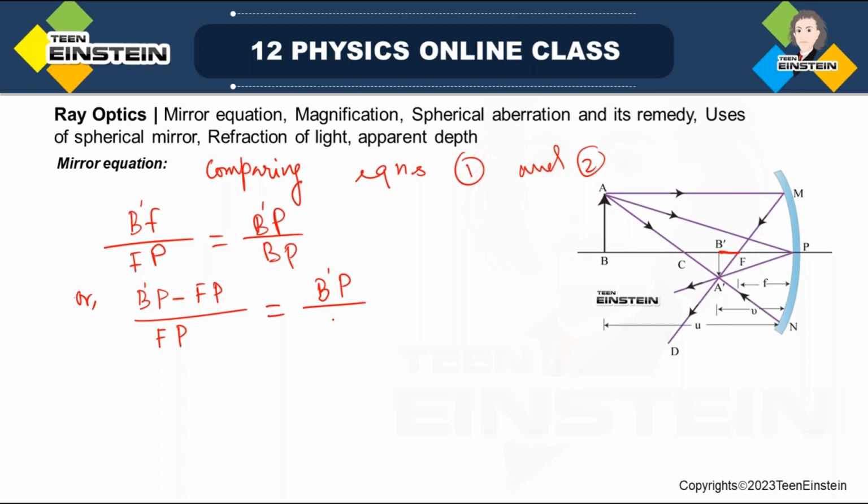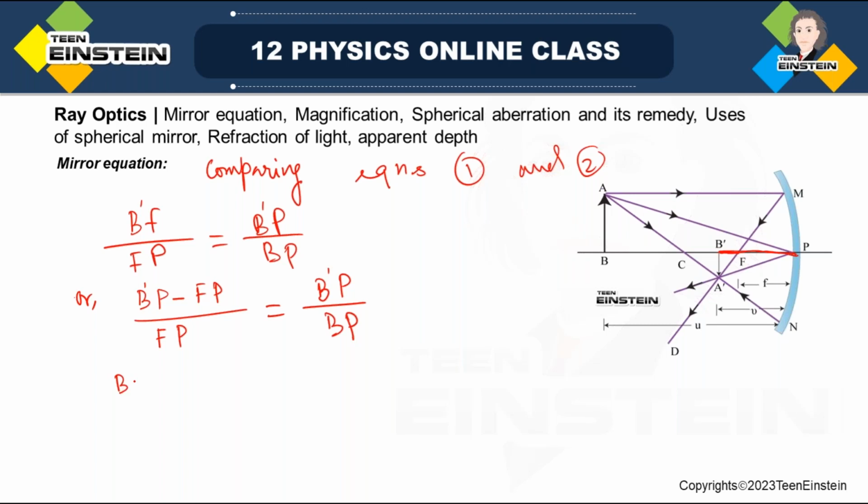Now look at these distances. B prime P is actually the image distance.